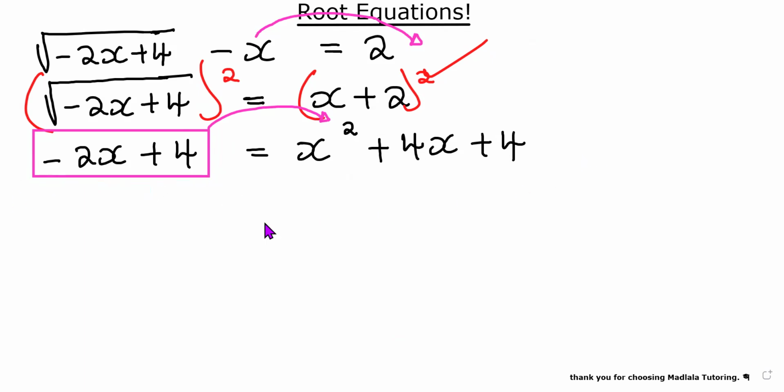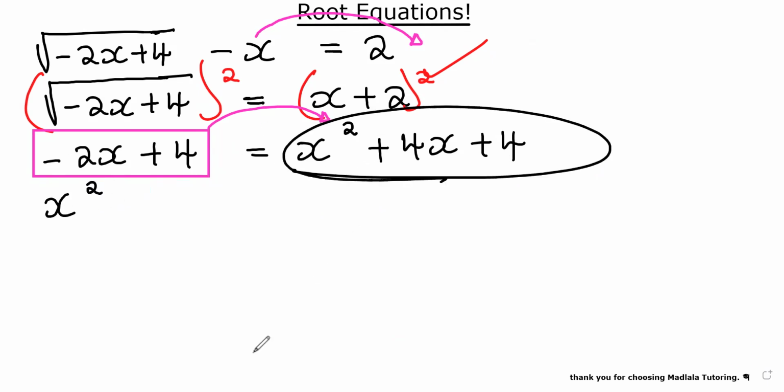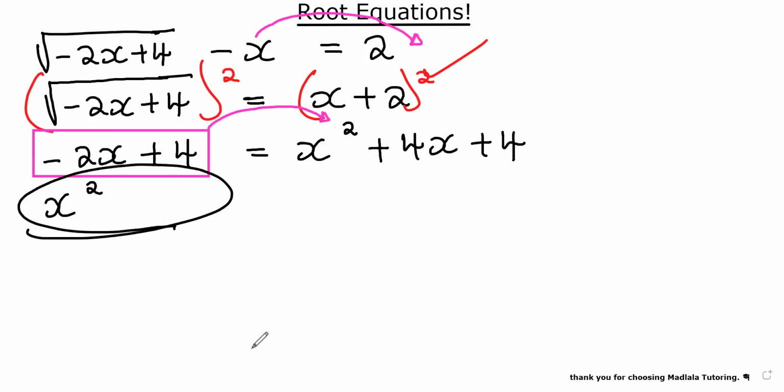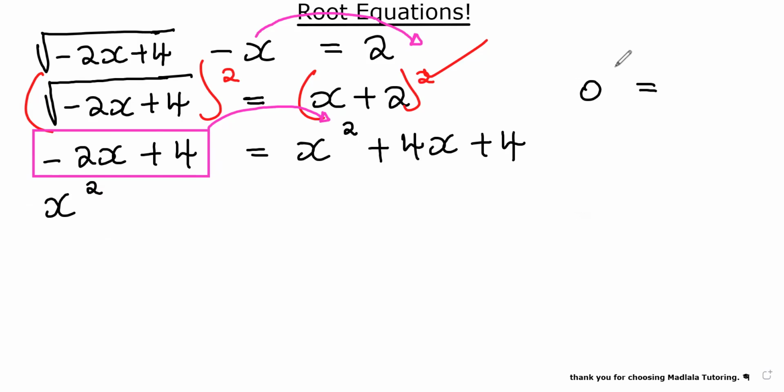I want you to check how I'm going to write it. This x squared, I'm just going to say whatever that I'm going to write here is supposed to be on the right-hand side. But then since I'll be having 0 on the left, do you see what I'm doing? I'm just taking what is supposed to be on the right and writing it here. And this 0, I'm going to write it there.